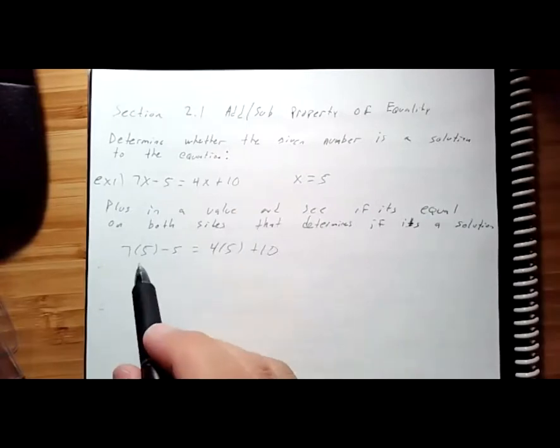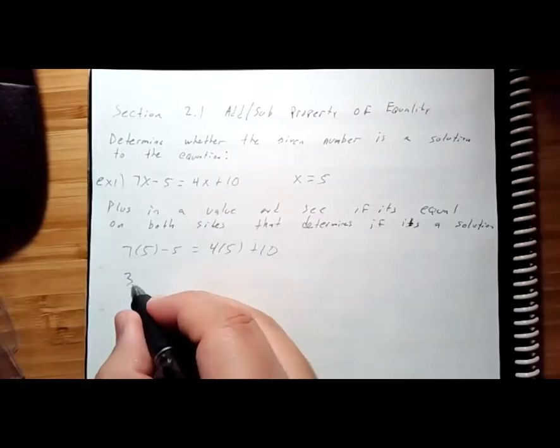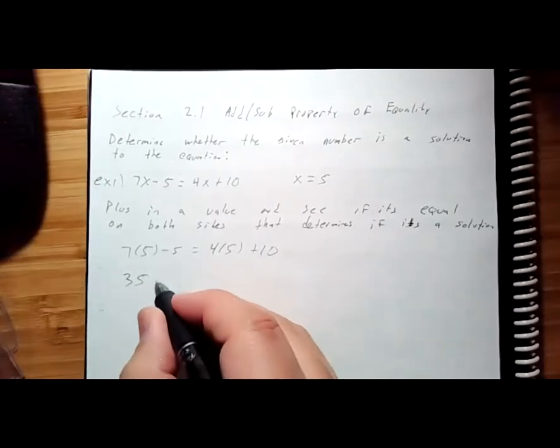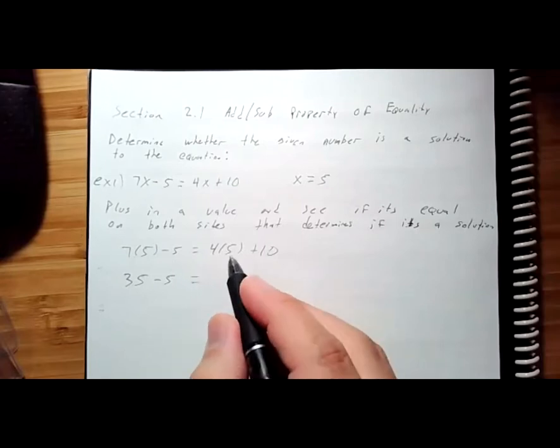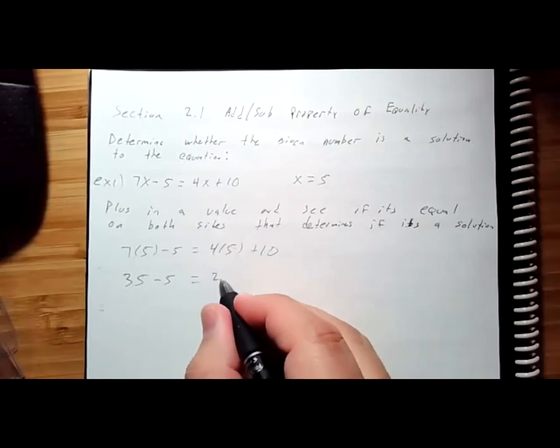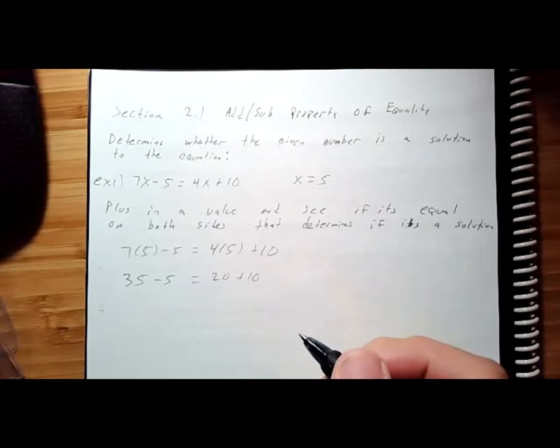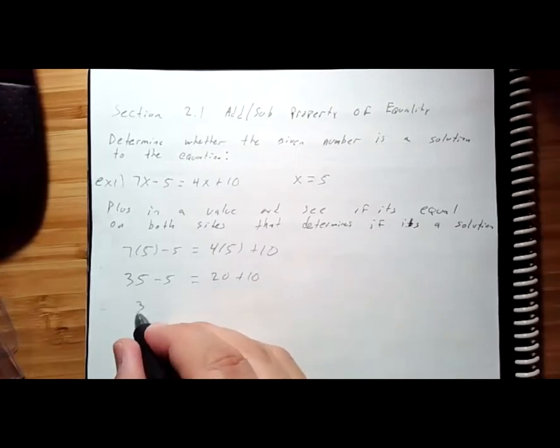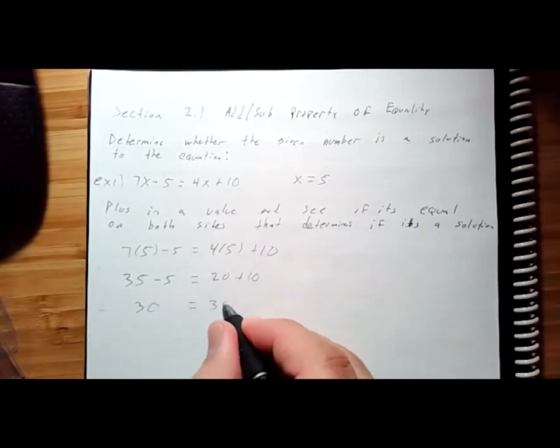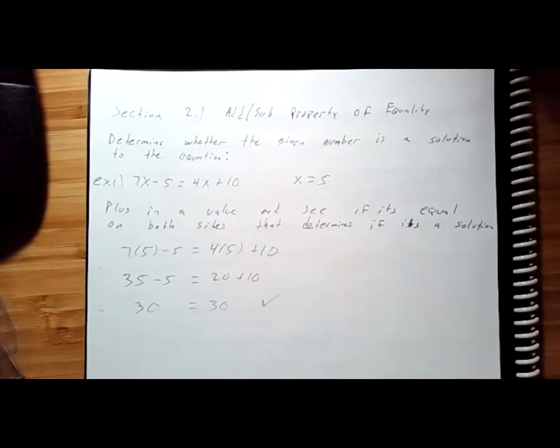All right, 7 times 5 is 35. Minus 5, which is going to be 30. 4 times 5 is 20 plus 10, which will also be 30. So since this is 30 and this is 30, this is a true statement.